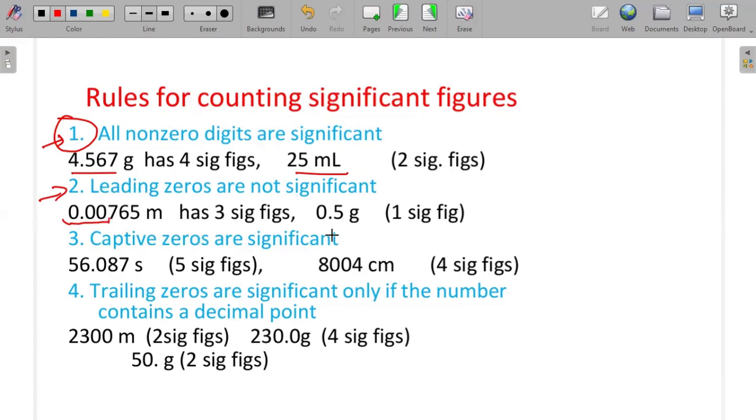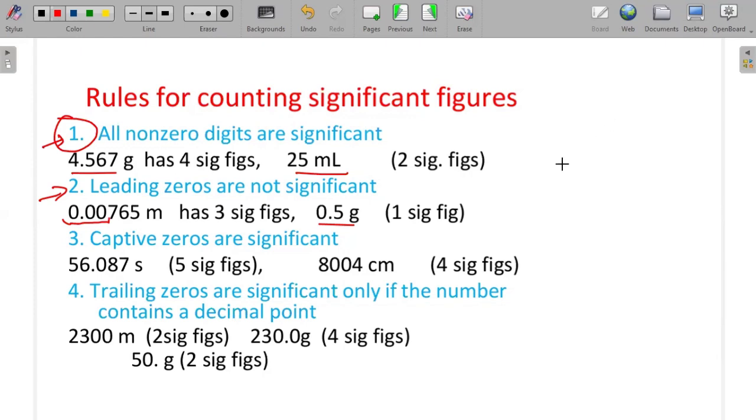So what is the rule concerning the leading zeros? The rule is that leading zeros are never significant. Anywhere you see a leading zero, know that that 0 is not counted as significant. It's just there to show the number of decimal places.